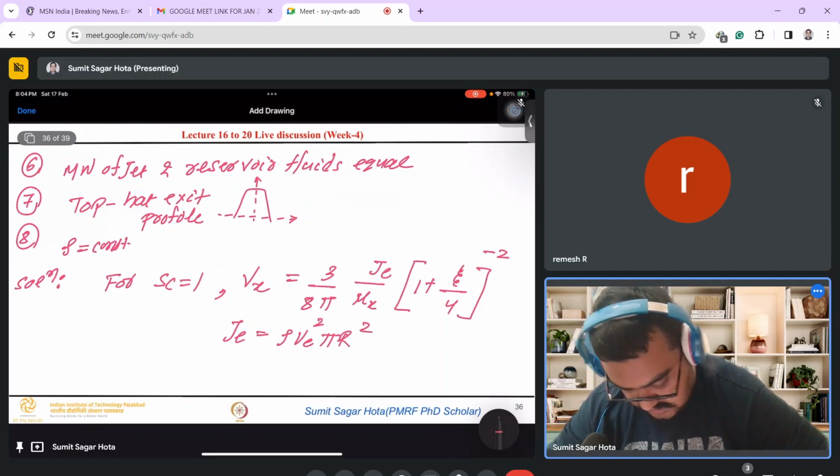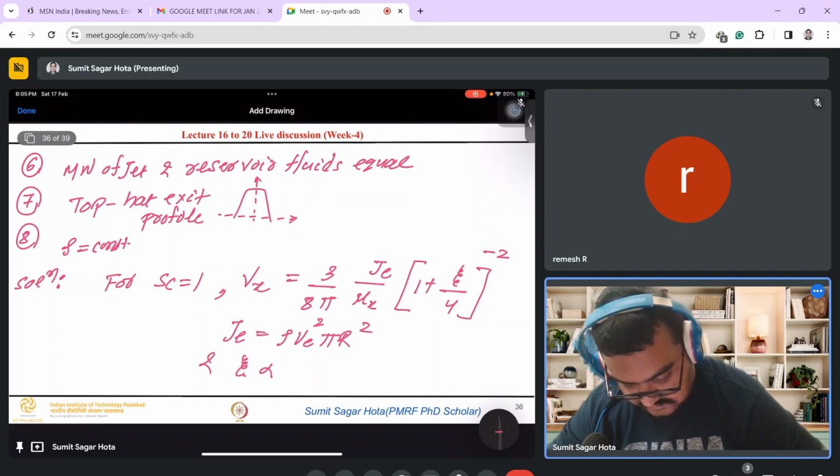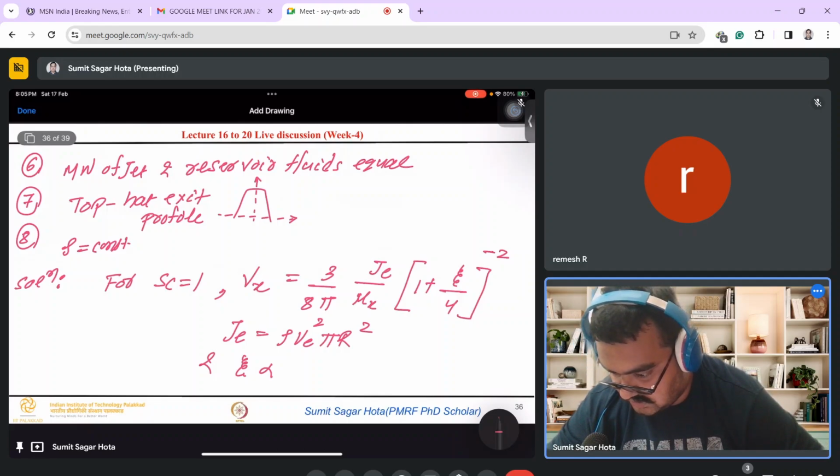That is, you can say, the exit discharge, which is proportional to some term like epsilon or chi, proportional to r by x.